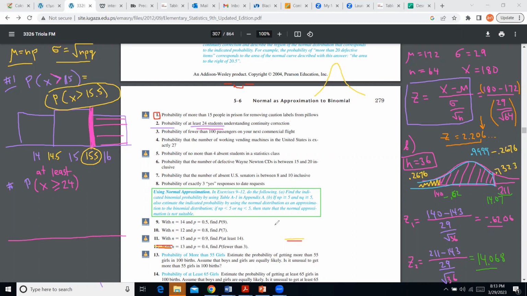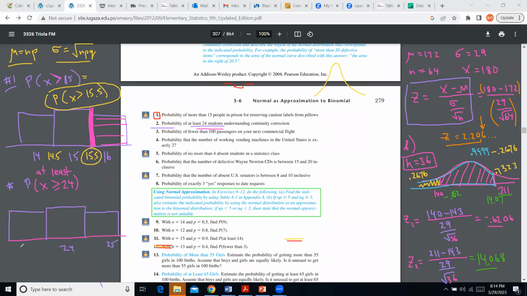So I'm going to picture this with a bunch of bars, such as 24 here. There's also 25, the bigger one on the right, and the smaller one on the left. That's all I really care about.